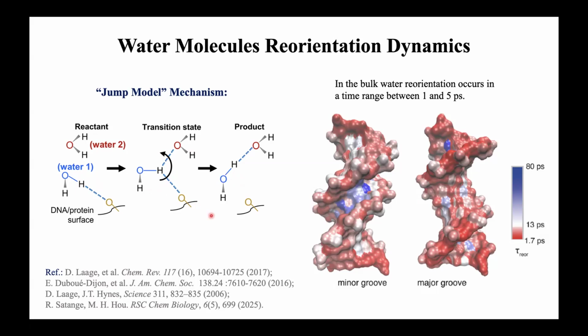Of course, water molecules can jump either to another water molecule or to an atom on the surface of the DNA, but it was shown that the jumps between water molecules are especially important for the hydration dynamics. Another interesting thing is that studies show the dynamics of water and the DNA double helix are interrelated.